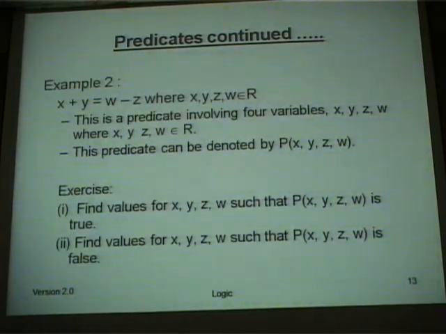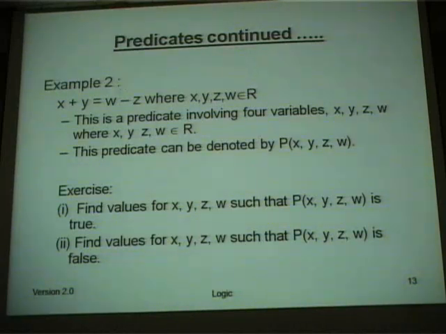Similar to this, now this is a predicate involving 4 variables. You can find the set of values for x, y, w, z where this becomes true. Why do I say this becomes true? It's not a proposition, it's a predicate.